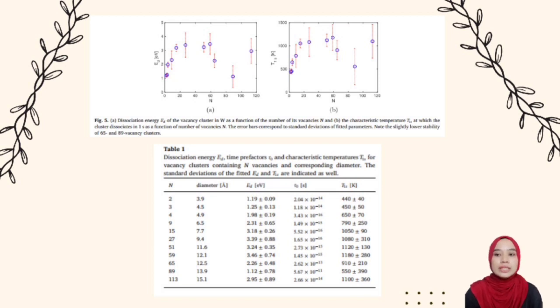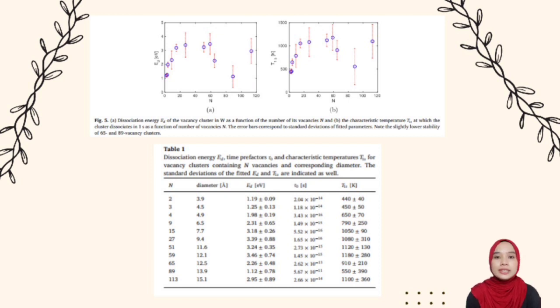Lower stability of these clusters is probably due to our simple spherical constructions of the voids, which are not necessarily the most stable voids. All the fitted parameters are summarized in Table 1.